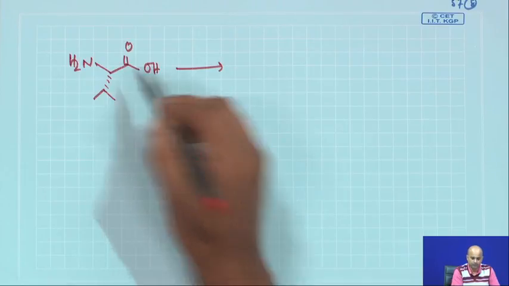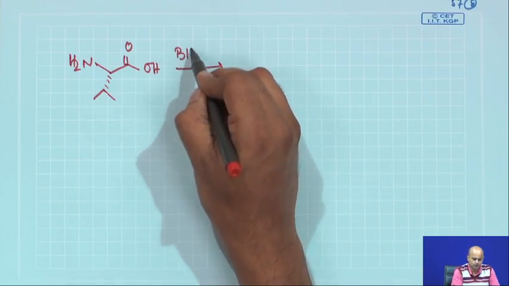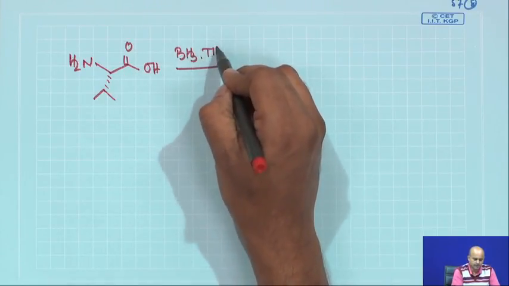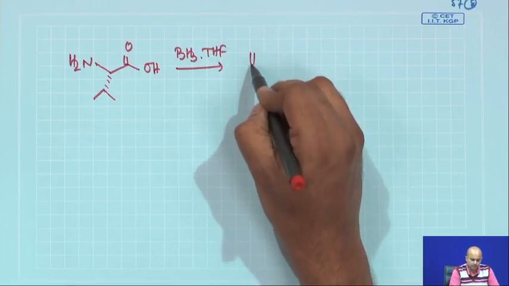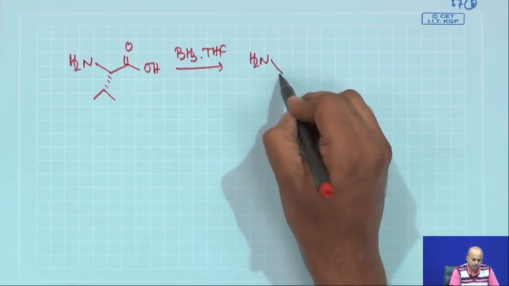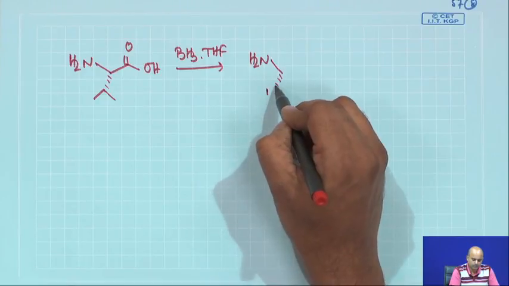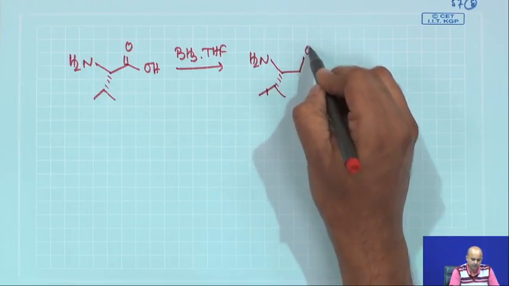The valine carboxylic acid group first needs to be reduced. So, do a borane reduction, and you basically get the corresponding amino alcohol.